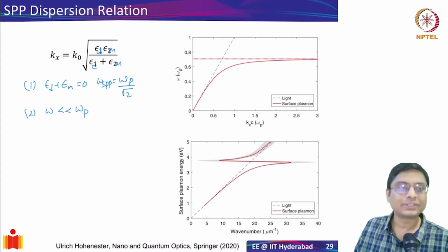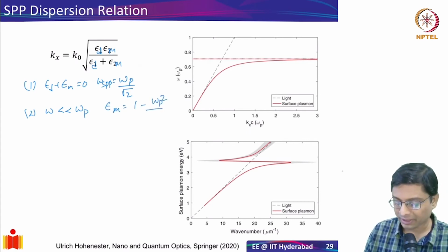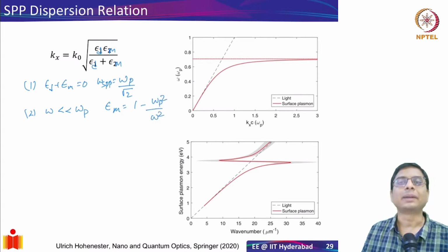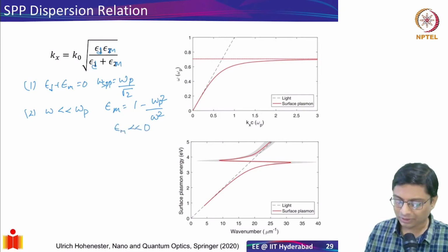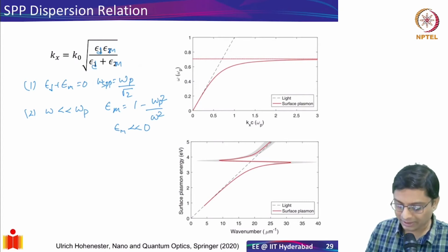Well, to analyze this, we'll have to know what the metal is, right? So epsilon metal is simply, for an ideal Drude model, omega p square by omega square. If my omega is much smaller than the plasma frequency, then my epsilon is going to be very, very strongly negative. Epsilon metal is much, much smaller than 0. When epsilon metal is very, very small, what happens to kx?